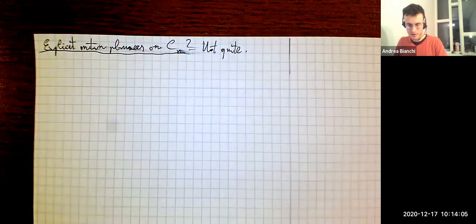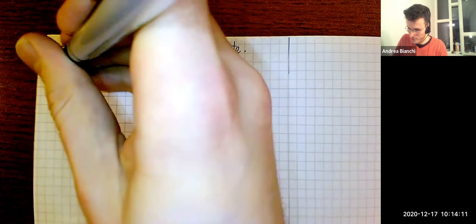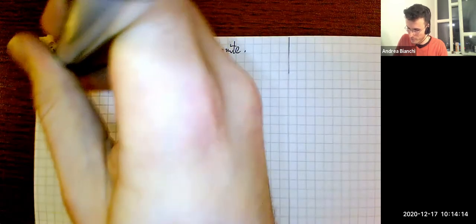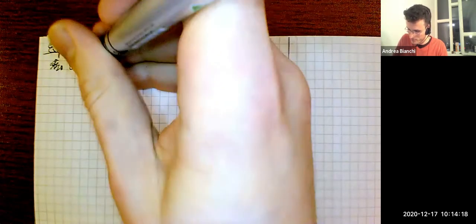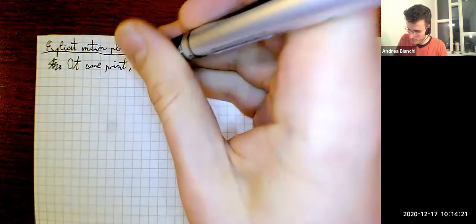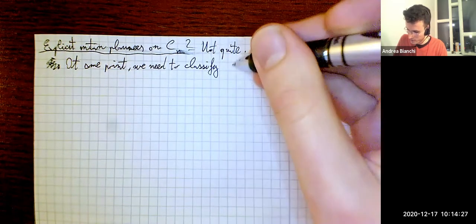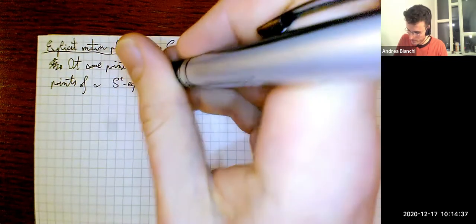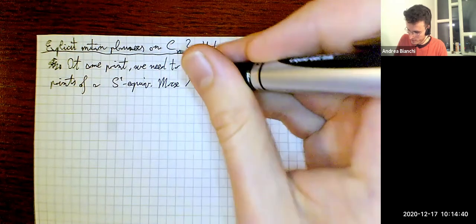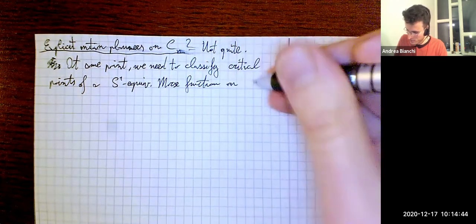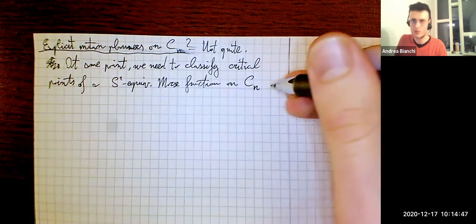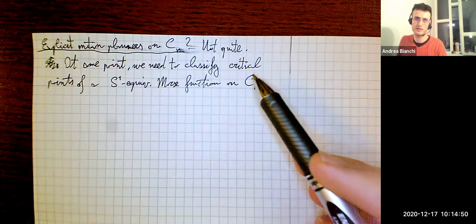So at some point in the proof, let me simplify it a little, at some point we need to classify critical points of S1 equivariant Morse function on Cn. Okay, this is a little part of what we have to do.